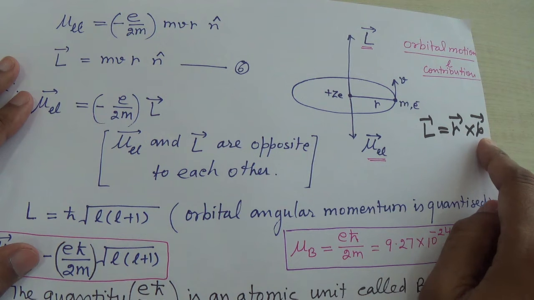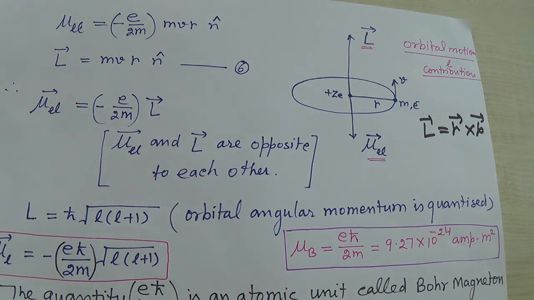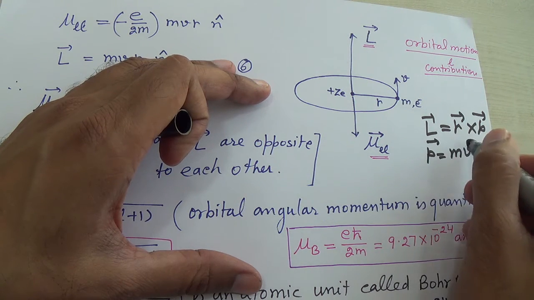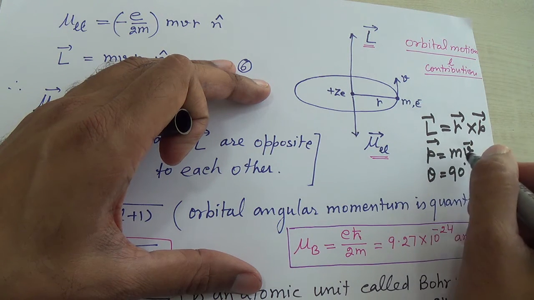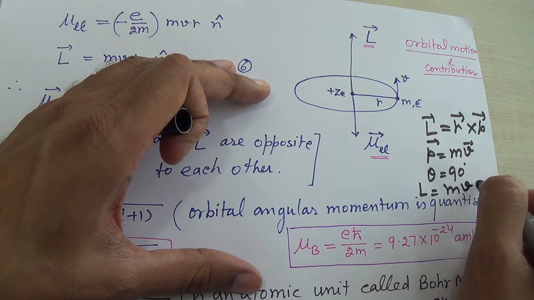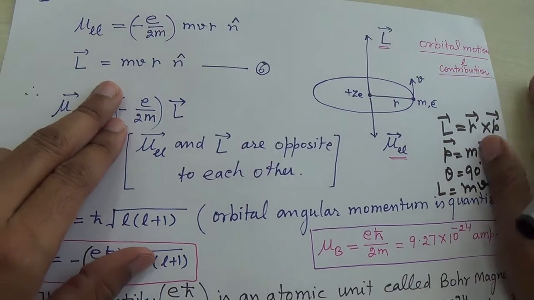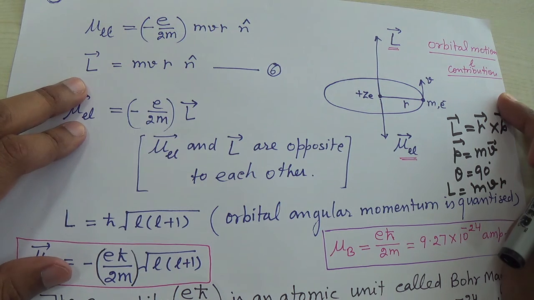Since p is equal to mv, you can write L is equal to mvr, with sin theta equal to 1. So if I put this mvr unit vector n here, the value of that will be vector L.